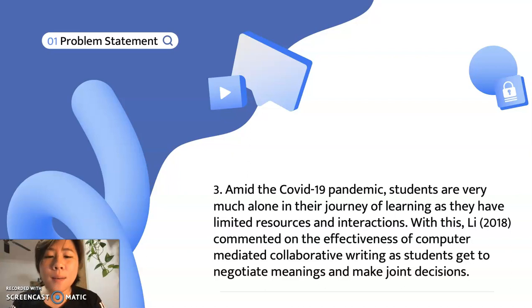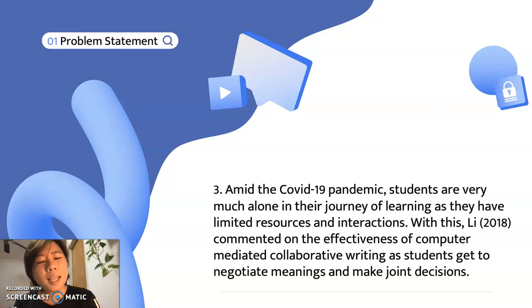Now, third one, amid the COVID-19 pandemic, students are very much alone in their journey of learning because they have limited resources and interaction. So when students are doing distant learning or home-based learning, PDPR, most times students are doing it alone, by themselves, at home.